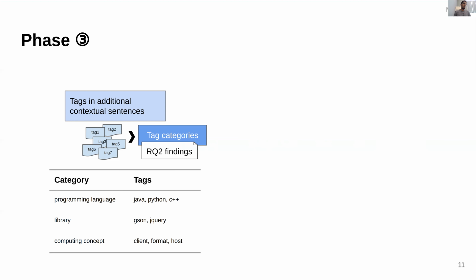JSON or jQuery are considered as library, and we have computing concepts for tags such as client, format, and host. This step was considerably easy because Stack Overflow tags are available in these sentences. Then we use these categories to answer research question 2.